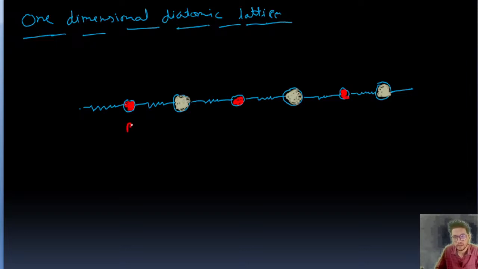So this has mass m1, mass m2, m1, m2, m1, m2. These atoms seem to be attached with springs of spring constant C, and they vibrate about their mean positions. So this is the one-dimensional diatomic lattice, and atoms are arranged in this way.